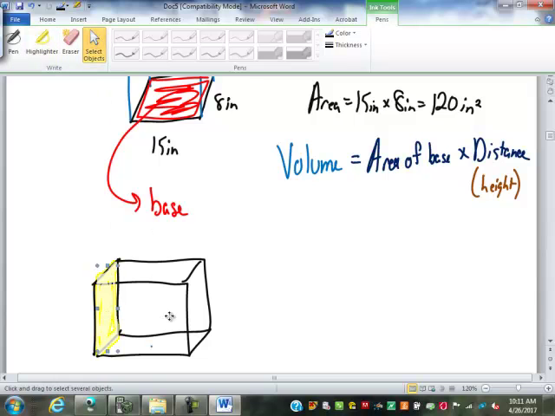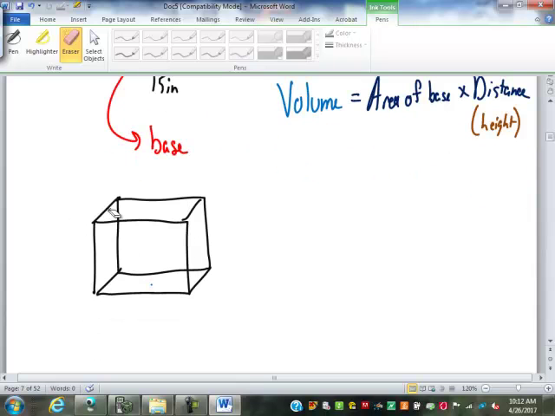I could have moved that through space to create that object. Could have taken the front piece. So when I'm dealing with a box like this where all the sides are rectangles, any of the sides could really be the base. So just to make it simple, we're going to use the bottom as the base. It won't always be the bottom. I'll show you a figure in my next example where it's not the bottom for the base.